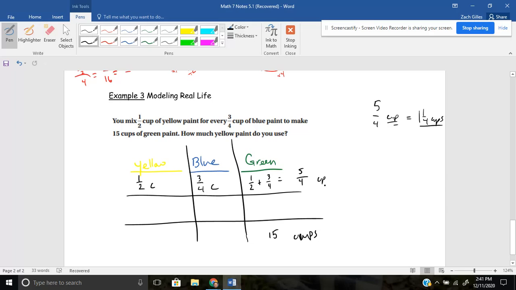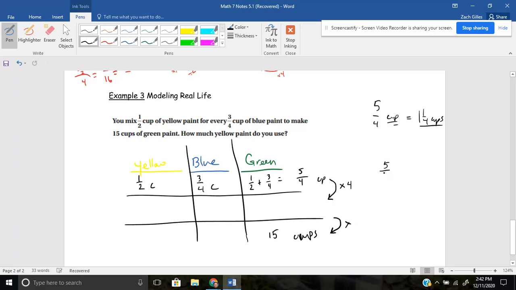Well, I know that I could multiply 5/4 by a certain number to get to another number that could easily get to 15. Okay? So what I'm thinking is if I took my 1 1/4 cups or 5/4 cups and I multiplied it by 4, what would happen?